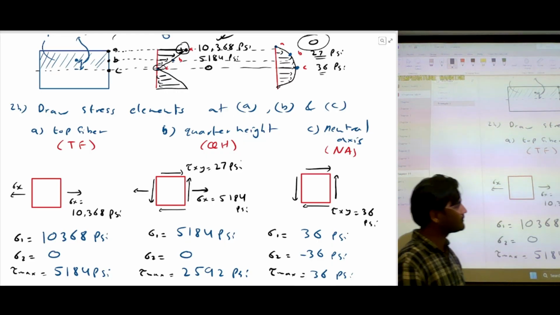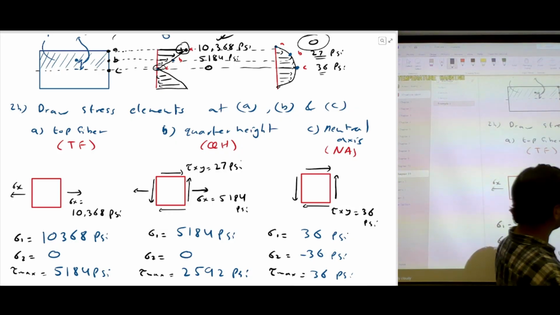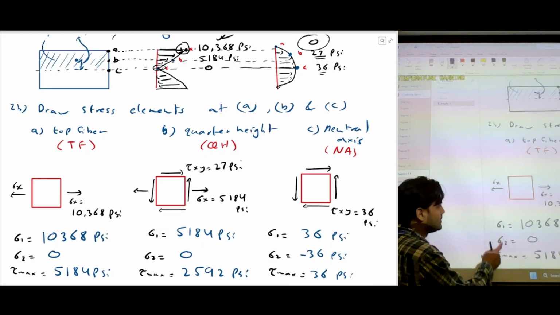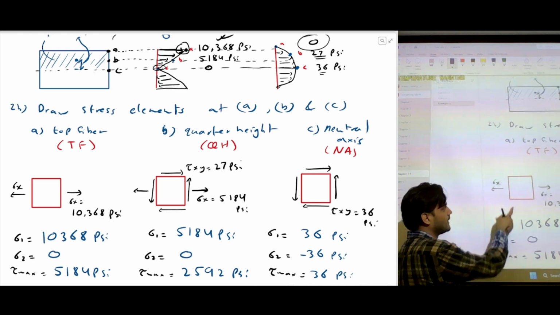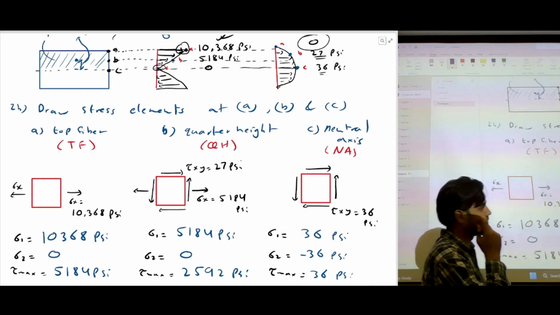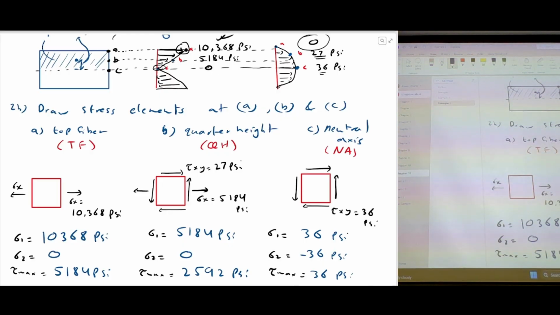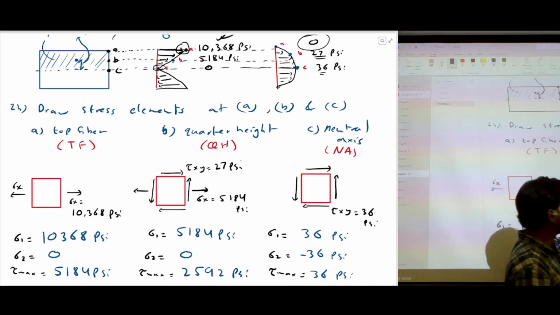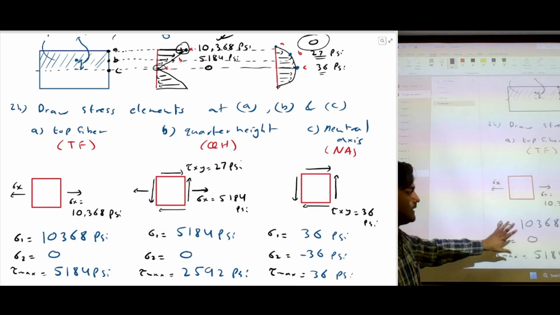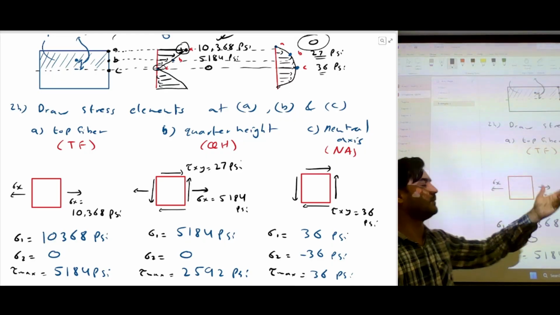And if you look at the maximum shear stresses, we are also getting it from the top fiber, 5,184. This stress element has not a lot of stresses, this one has some, but this stress element has the highest amount of stresses. So I think this is going to be the dominating one, but we can keep on doing the rest as well.